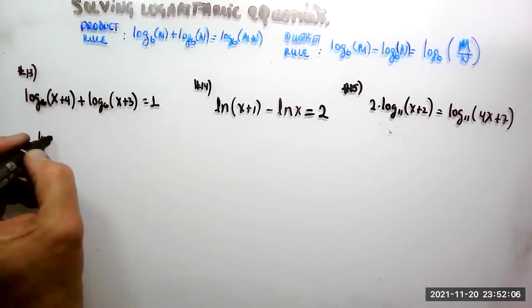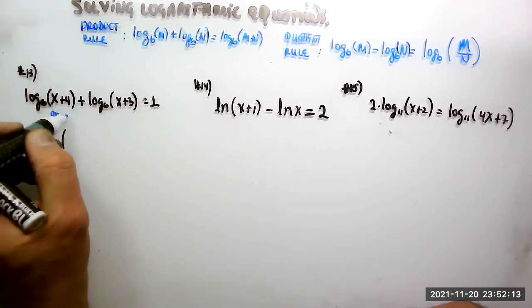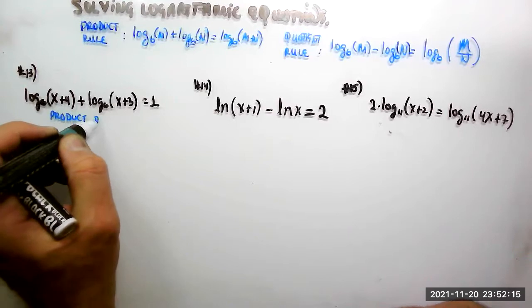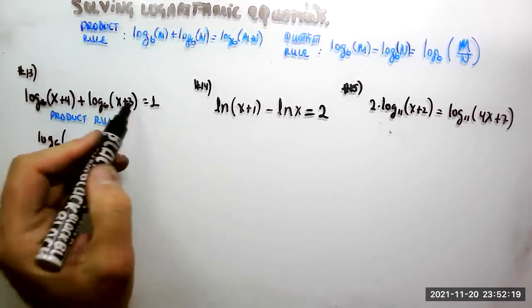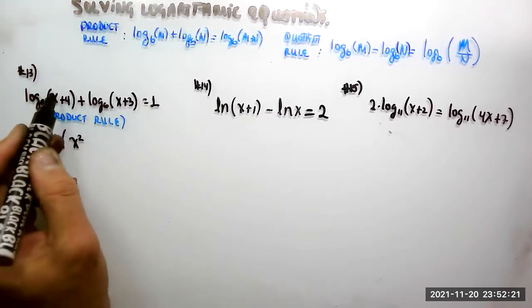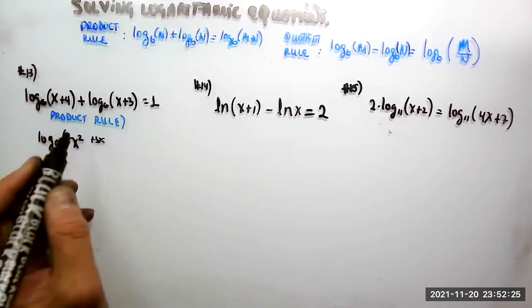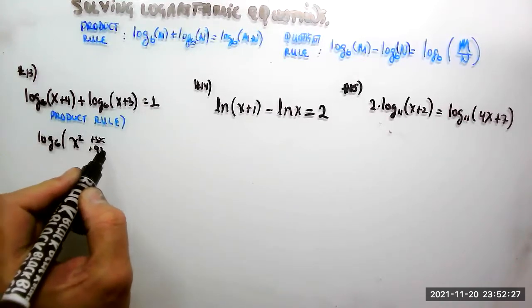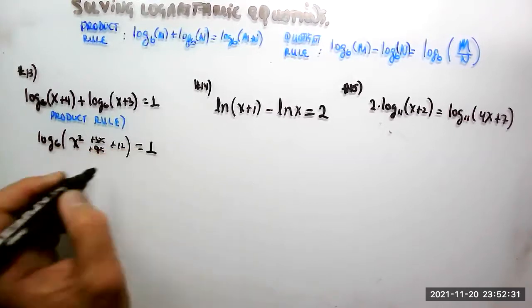So here we are applying the product rule. So let's see what we have. X times x, that will be x squared. X times 3, that will be plus 3x. 4 times x, plus 4x. 4 times 3, plus 12 equals 1.